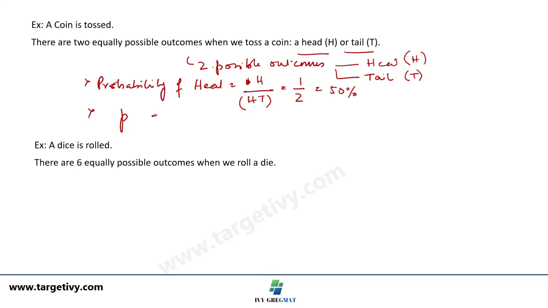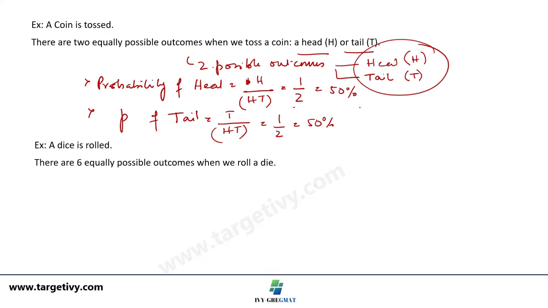The probability of a tail is T by H and T, which is again 1 by 2, which is equal to 50%. That explains that the probability of head and tail is 50% each, because the total number of possible outcomes is 2, either head or tail.